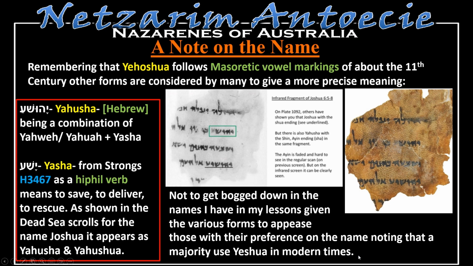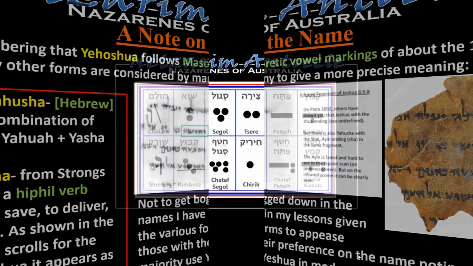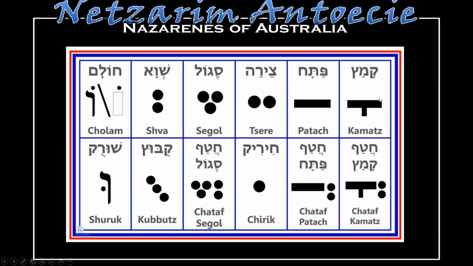And so finally, we come to our vowel marks, just to remind us that a kamat is a longer sounding A, and a patak is a shorter sounding A. Zere is a longer sounding E, and segol is a short sounding E. And shava breaks the word into its syllables, separates so we can pronounce it properly. Then we have a cholam, that's the O sound.